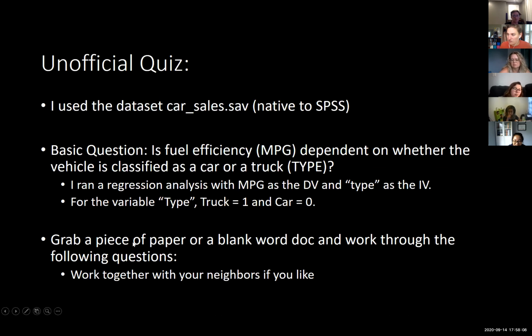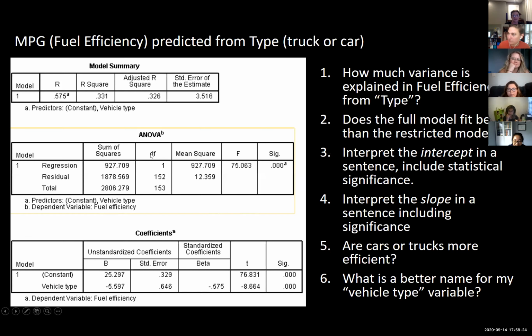So I want you to work together with your neighbors. I'll put you in your Zoom rooms and you can chat there. I miss seeing people in person. Okay. Here is my output. Here are the 6 questions that I'd like for you to answer.